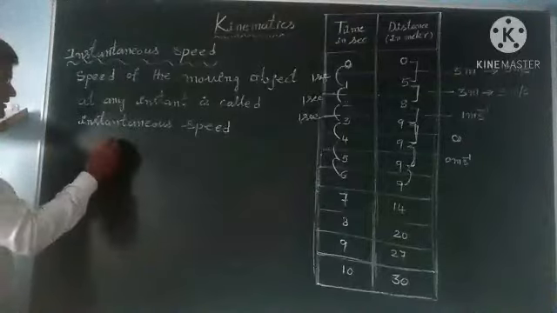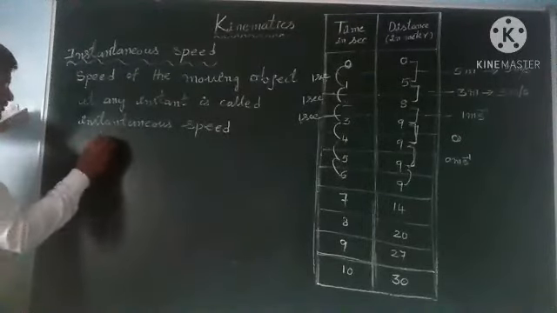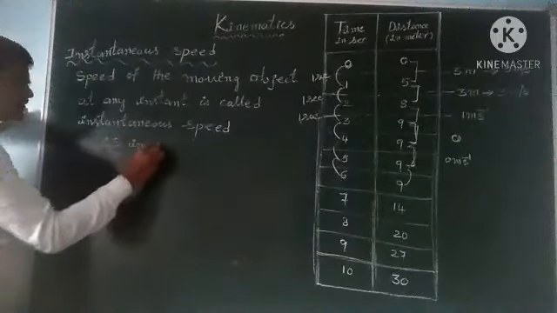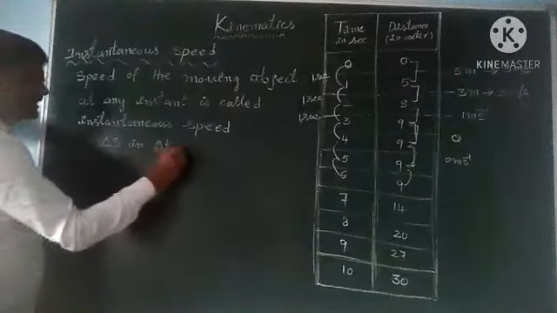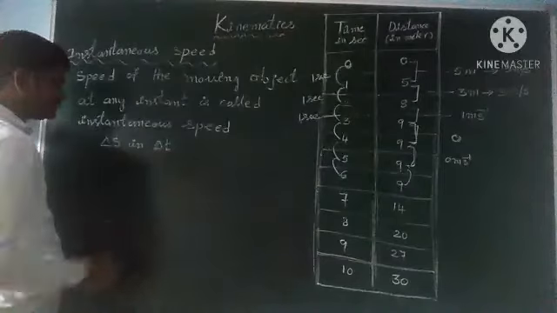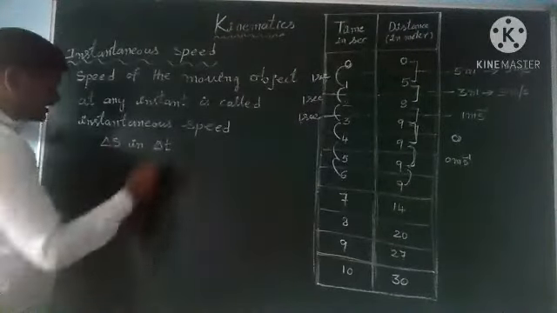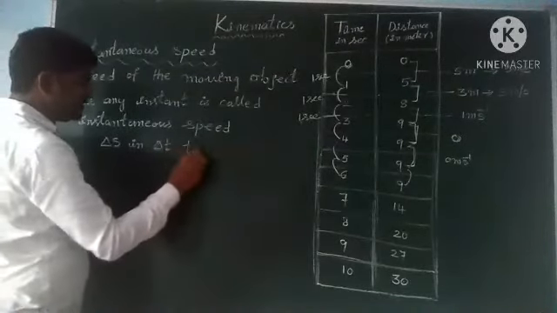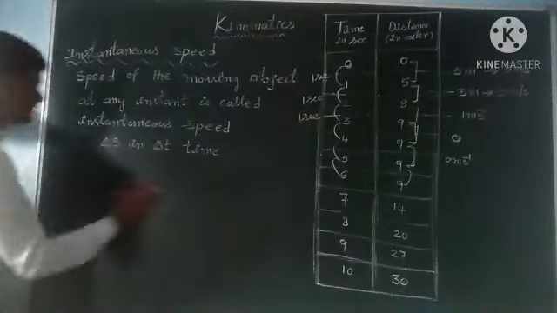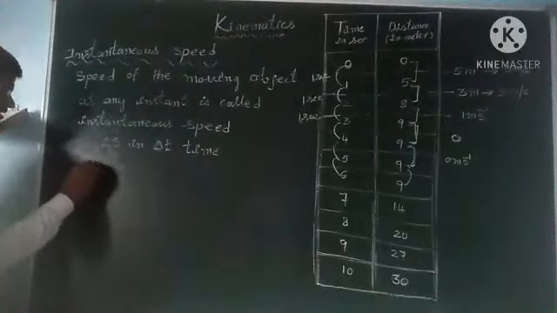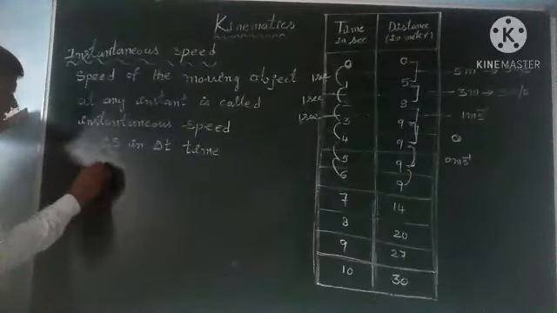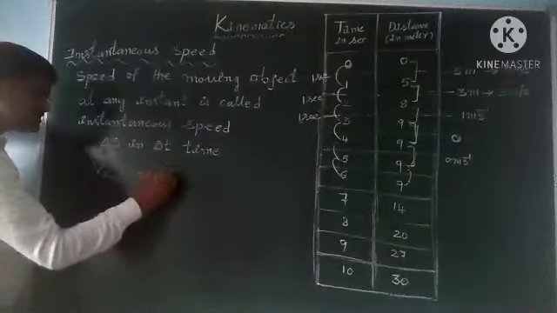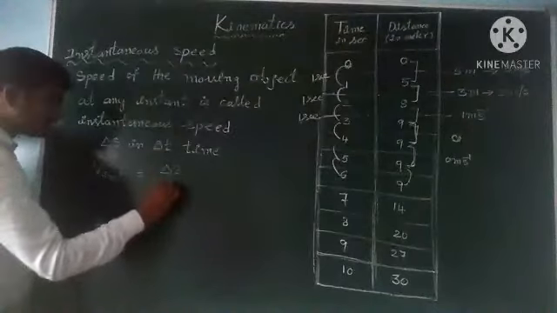So if an object covers delta s distance, a small distance, in delta t time, then the instantaneous speed, speed meaning denoted with the letter V. So V instantaneous is equal to the distance covered delta s in that given interval of time delta t.